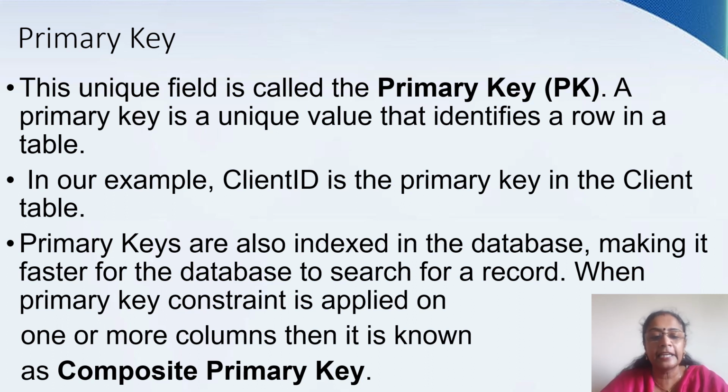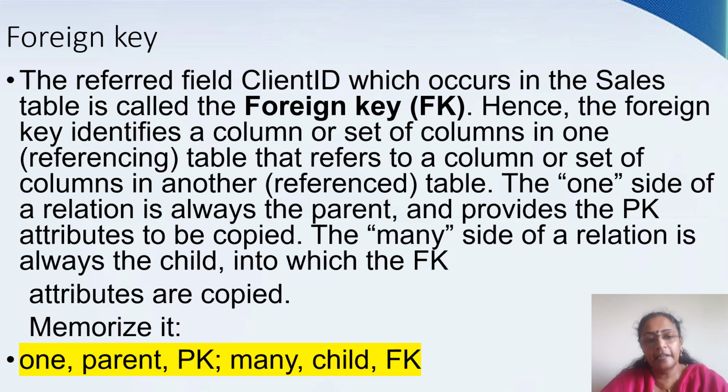When a primary key constraint is applied on more than one column, it is called a composite primary key. Now in our example, the client ID which occurs in the sales table, as you remember when we saw it, is also there in our sales table. It is called a foreign key.